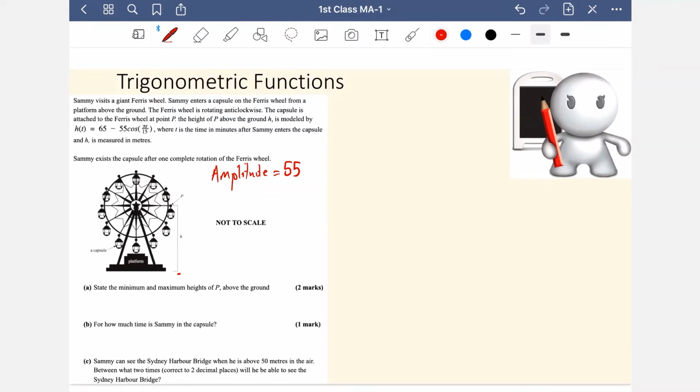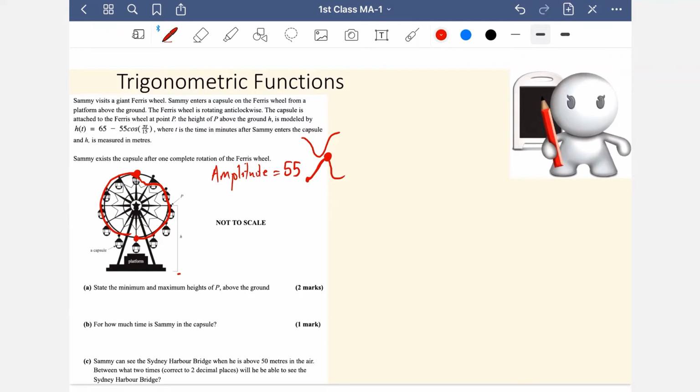Either way, a cosine graph looks like that. What we're doing is it's going to look like this, because the capsule is starting at the bottom, then going up in height to its maximum height, which is over here, and then it's going back down.